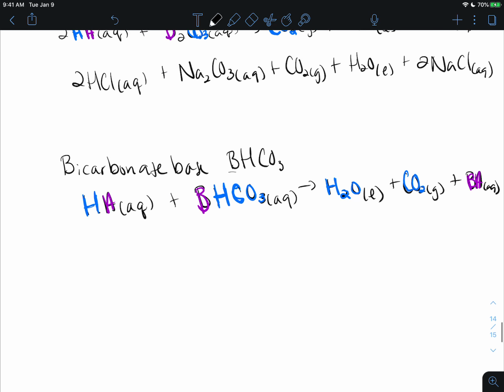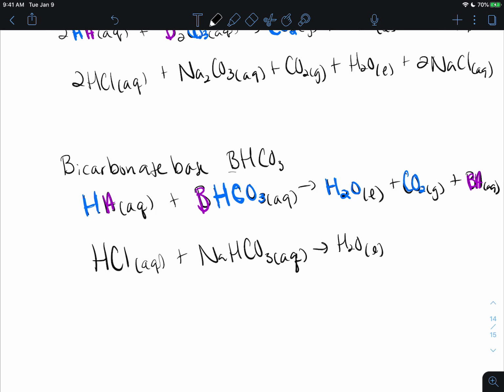And last, bicarbonate base. Why change a good thing? We'll go with hydrochloric acid again, and sodium bicarbonate, or sodium hydrogen carbonate, producing our water, carbon dioxide, and our salt.